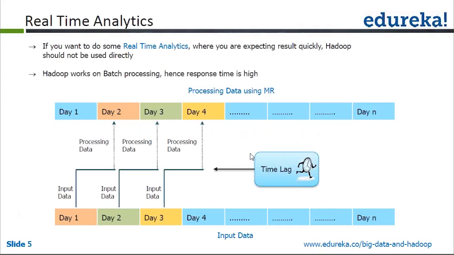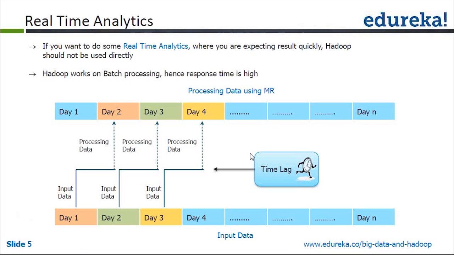Let's consider real-time analytics. Hadoop technically works toward batch job processing of data. A batch job is something which occurs on a batch of files.